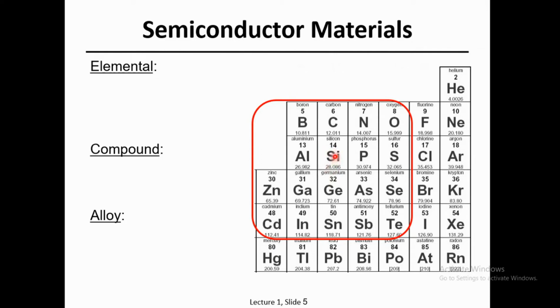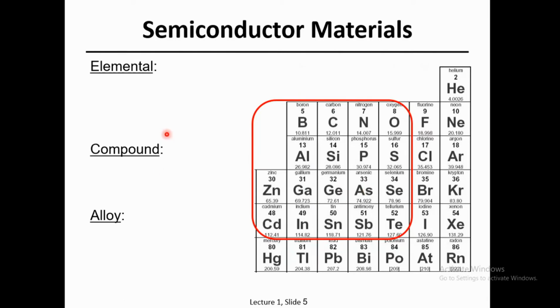This is from group 4, so it has 4 electrons in its outermost shell, while the compound material such as gallium arsenide or gallium phosphide or gallium nitride. What it does is it takes from group 3, added to group 5 to make a compound which will have as a combination 4 electrons in its outermost shell.